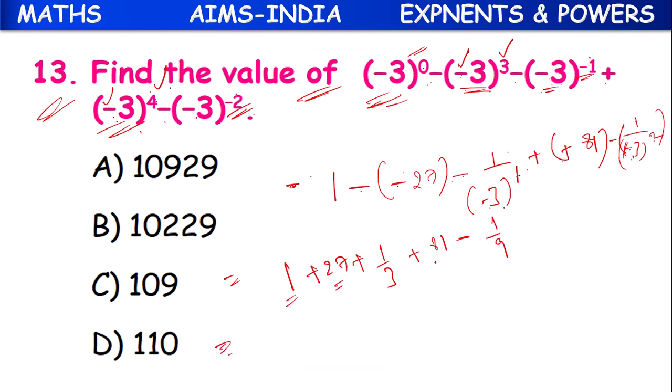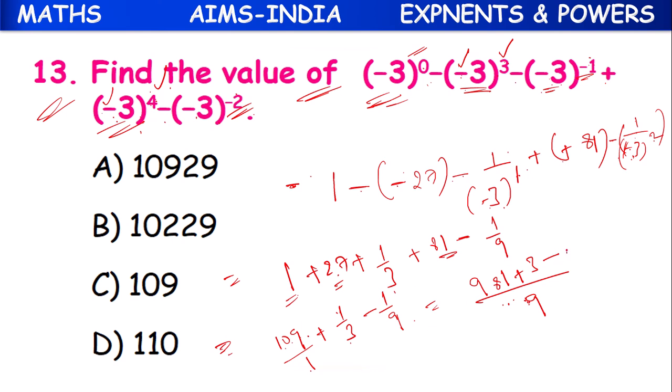Let's add the normal numbers. 1 plus 27, 28, plus 81. 28 plus 81 equals 109, plus 1 by 3 minus 1 by 9. So the LCM is 9. Here there is nothing, means by 1, so we can multiply directly with 9. 9 times 109 is 981, plus 3 times 9... 9 times 1 is 9, 3 times 1 is 3, minus 9 times 1 is 9.